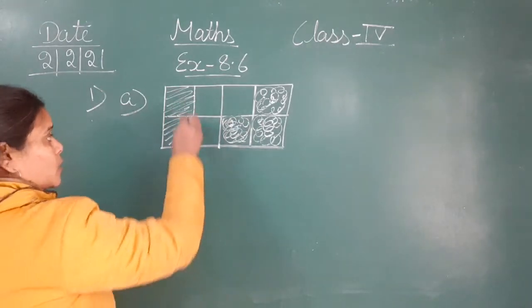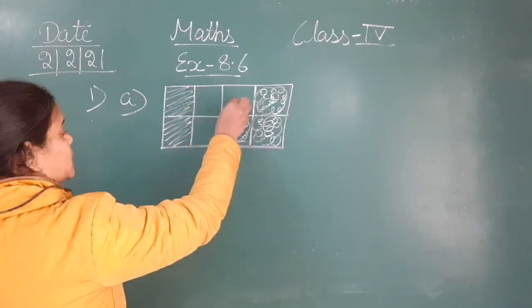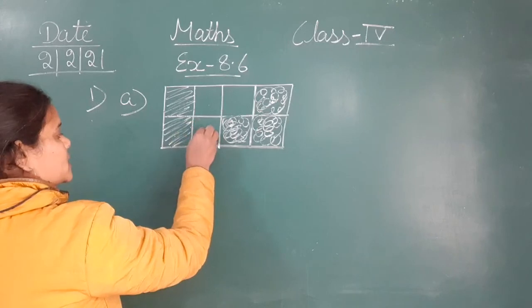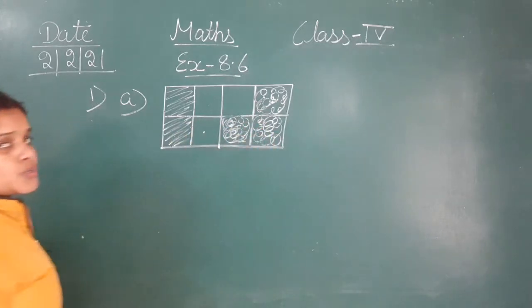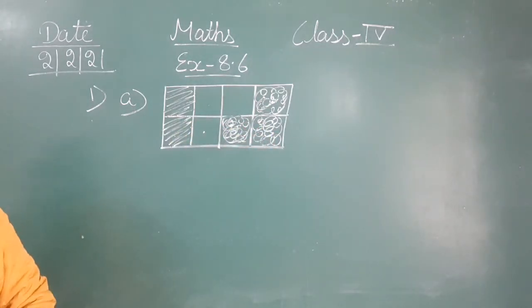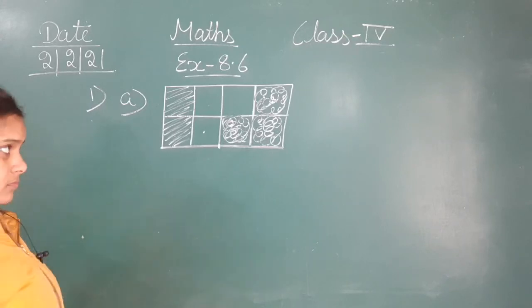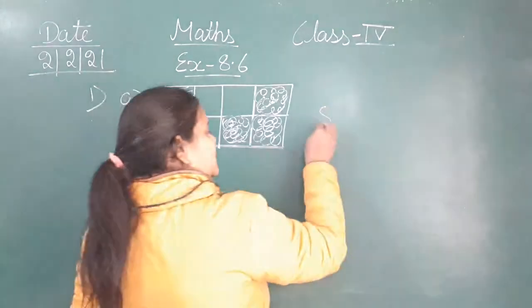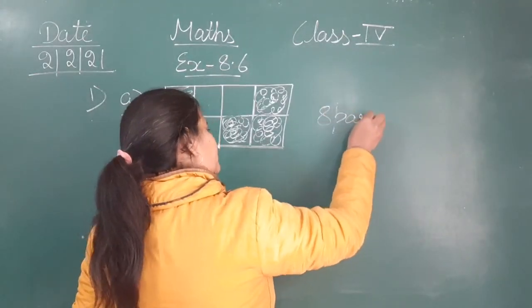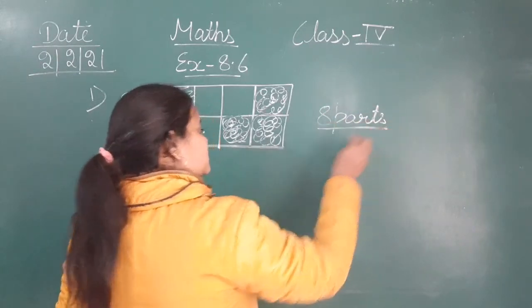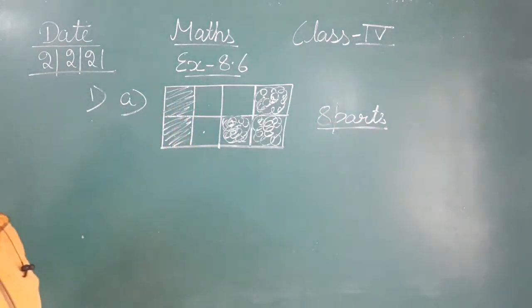Let's count 1, 2, 3, 4, 5, 6, 7, 8. So this figure is divided into 8 parts. कितने parts में divided है? 8 parts.